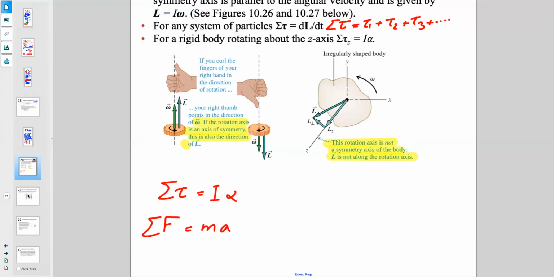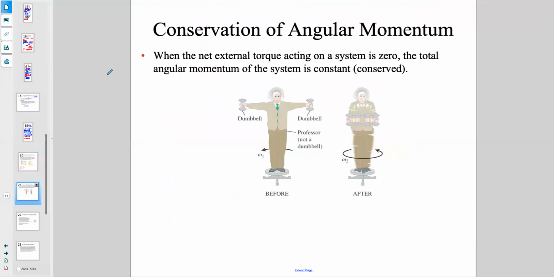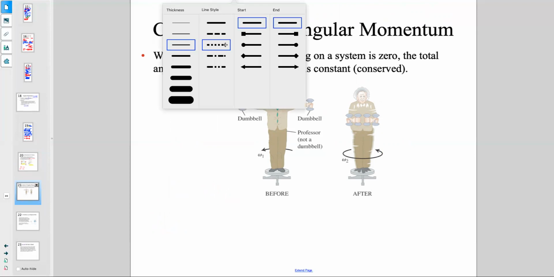So let's consider a professor holding two objects an arm length away from him. Let's say this is the axis of rotation in our case.